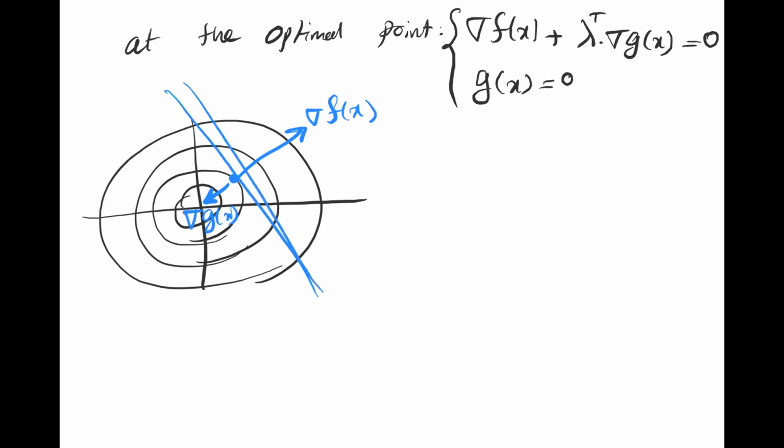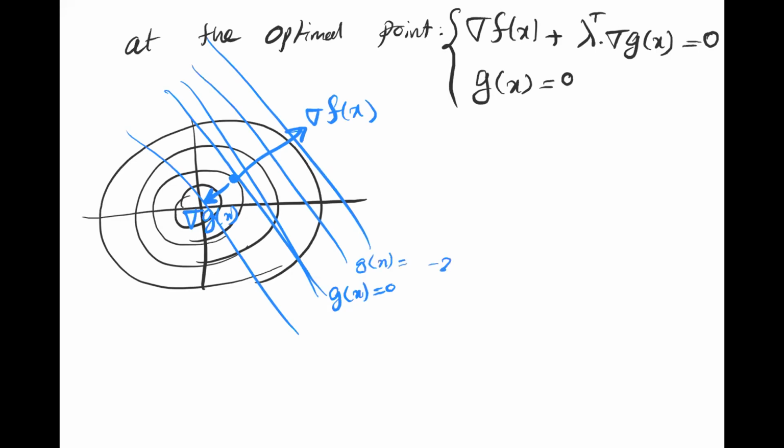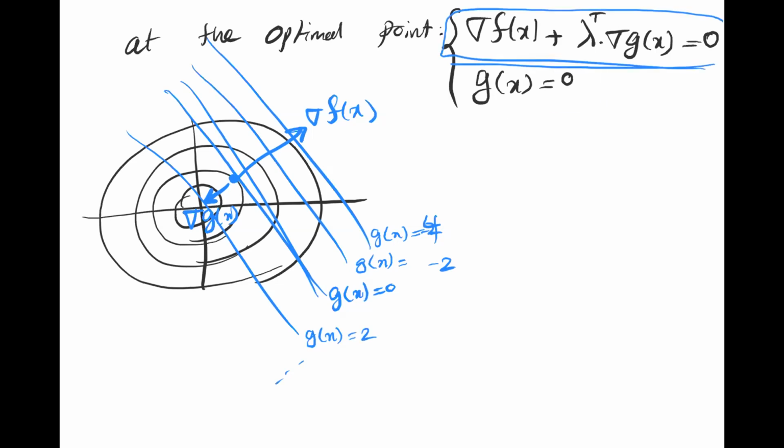And these are different contours for g of x. For example, this one is g of x is equal to 0, g of x is equal to minus 2, g of x is equal to minus 4, g of x is equal to 2, and so on. So there is one point that satisfies both of these equations.